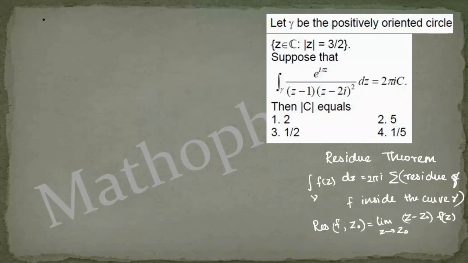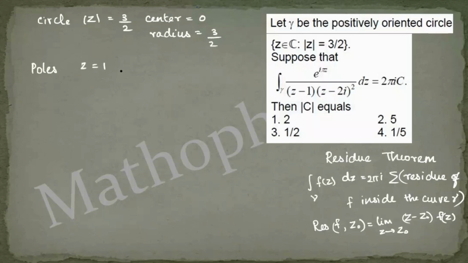What circle is given in this question? mod z is equal to 3/2, which means center at 0 and radius is equal to 3/2. Here poles occur at z is equal to 1, which is less than 3/2, so it is inside the circle.